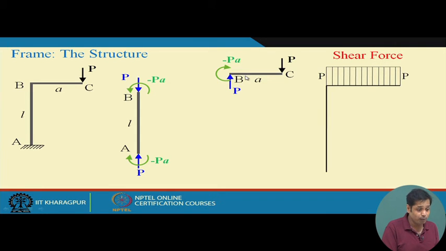The shear force will be positive, because the load is acting downward, and if we take a section here, shear force will be upward, a clockwise couple, which is positive. So, shear force is positive for BC.